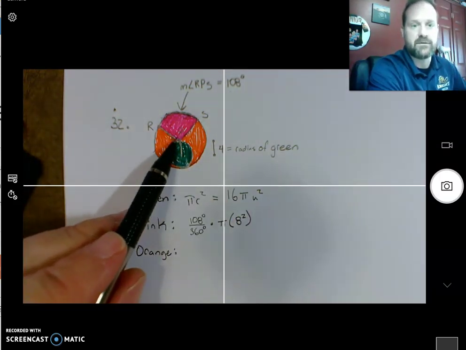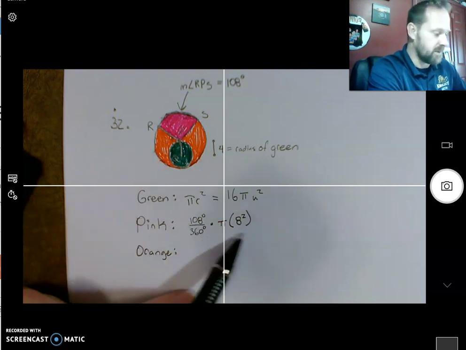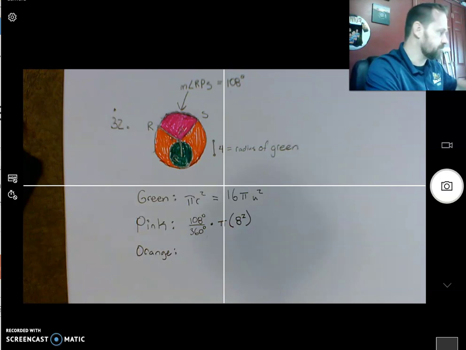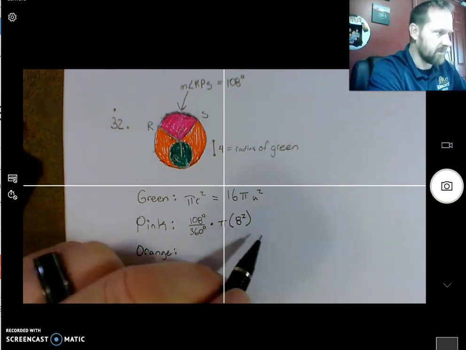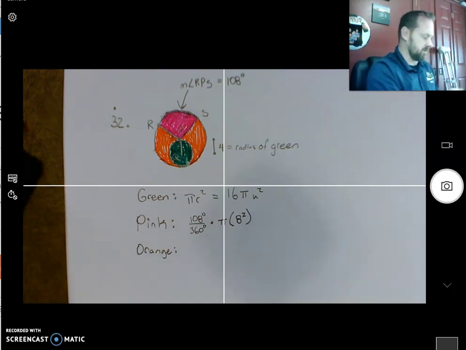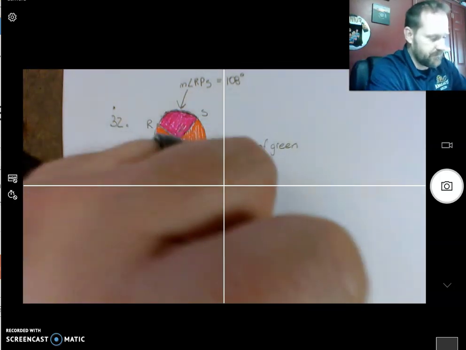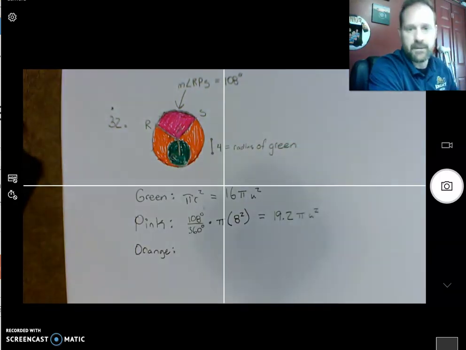Okay, it's not 4, it's this whole length, which is 8. So pi r squared here, I have it written down for you, let me double check my math here, 64 times 8, yes, 19.2 pi units squared.